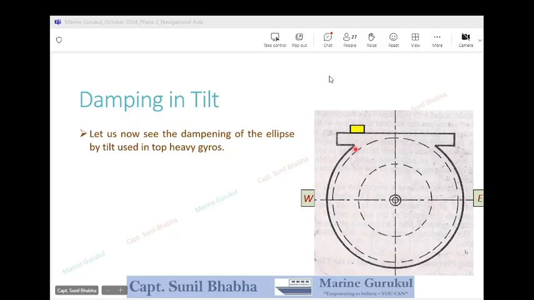The freedom to spin is provided to the rotor and the spin axis by these ball bearings. The casing is not free to spin. The casing, however, is free to tilt up and down, and it is free to drift in the easterly or westerly direction. But the casing is not free to spin.